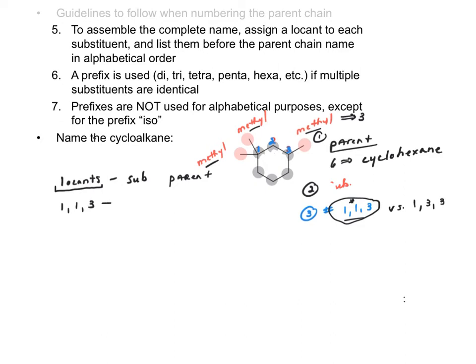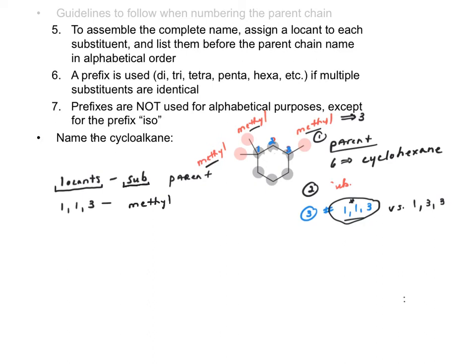So a hyphen comes in, we have a number and we're separating it from a letter. So first things first, we have our locants, where they're at. We then follow that with our substituents. So we're going to specify what type of substituent it is. So we have 1,1,3-methyl.